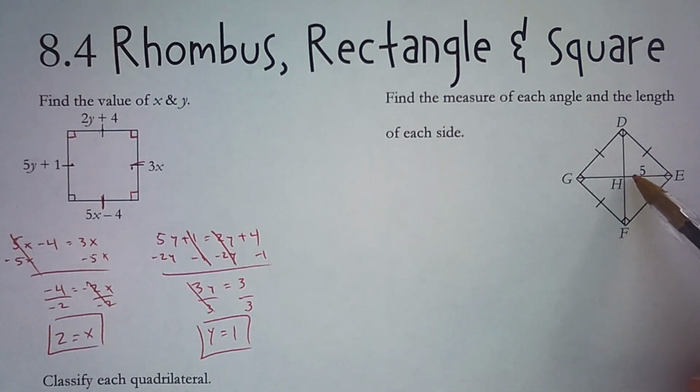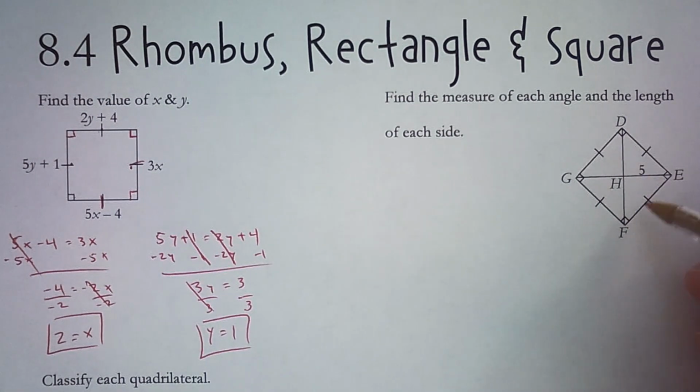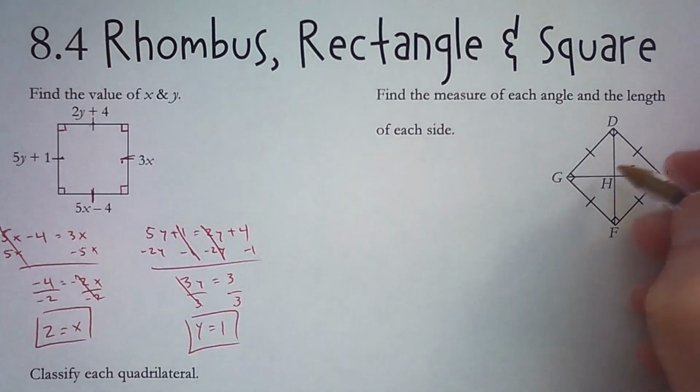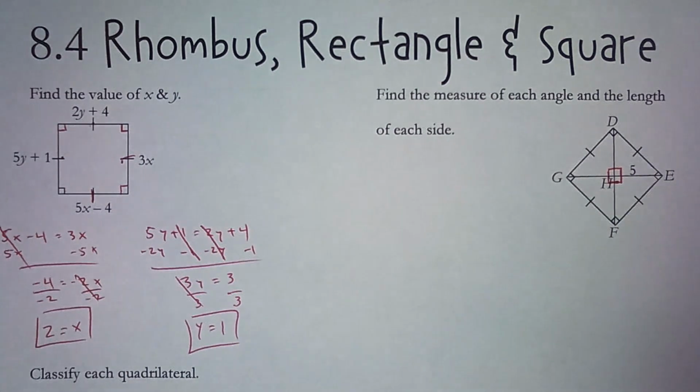Now on this figure we are going to find each angle measure and we'll find the length of every segment. I have 4 right angles and 4 congruent sides. So this is a square. A square has every property of a rhombus, of a rectangle, and of a parallelogram. As a rhombus, it has 4 right angles inside here.